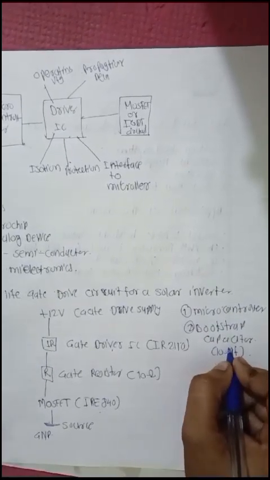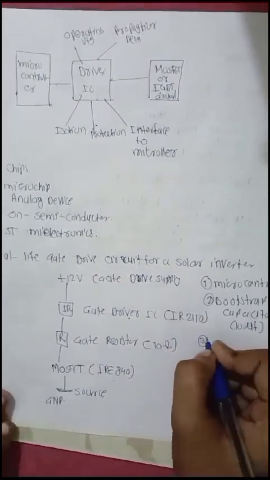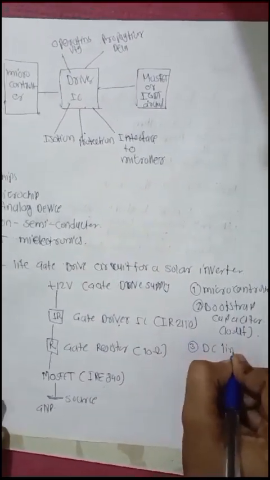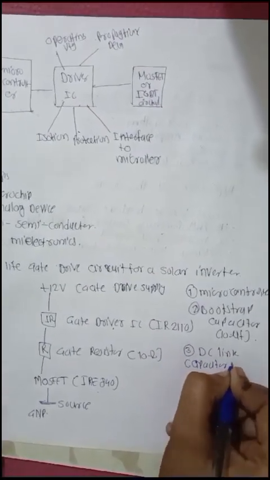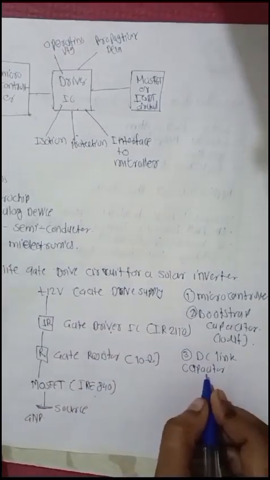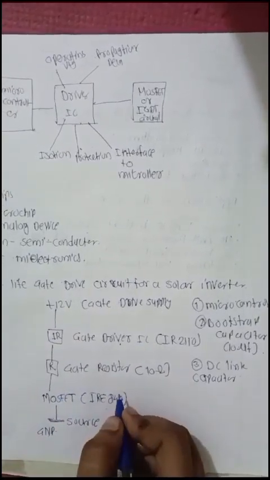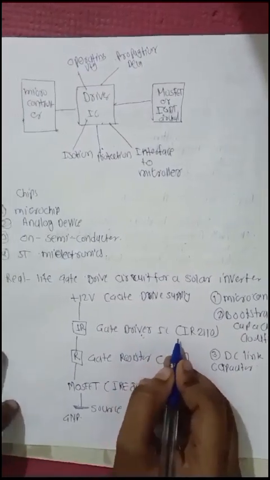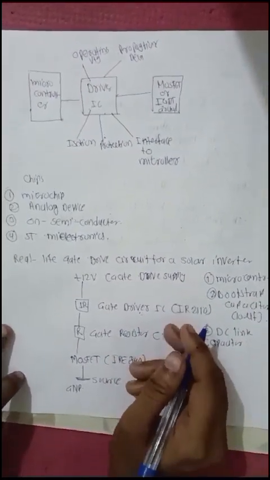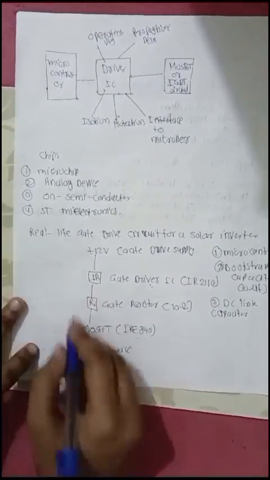It helps drive the high side MOSFET. Another one is the DC link capacitor, which is used to filter the DC voltage. The MOSFET is used to handle power switching. The gate driver IC is used to amplify the control signal, and the microcontroller is for generating PWM signals.